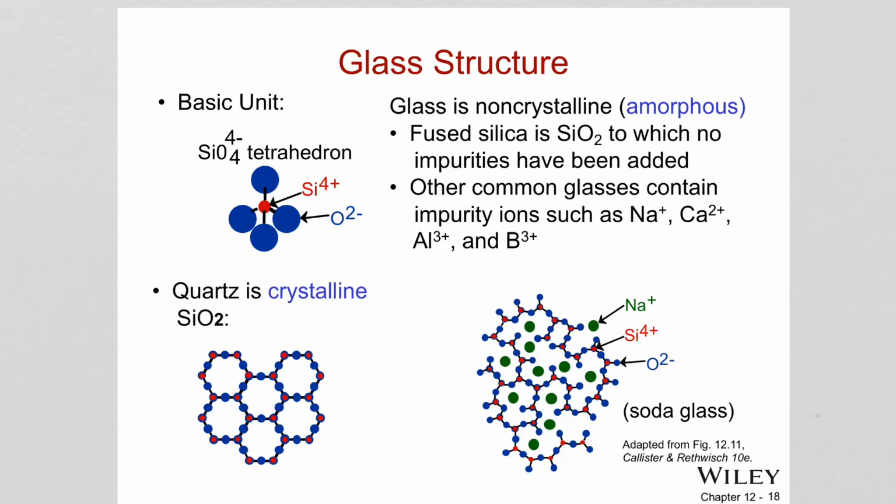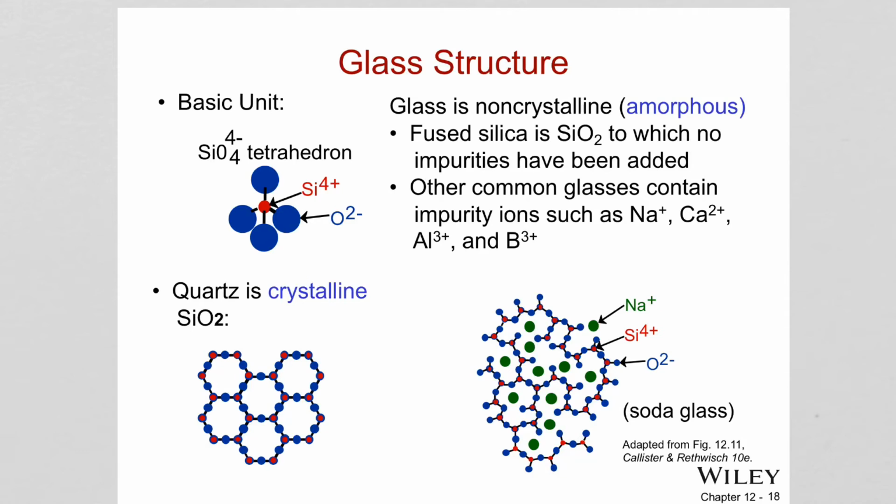So as I said, this tetrahedron is actually the basic unit of glass, which is amorphous, but quartz is crystalline. So we have the same tetrahedron, which is silicon oxide.